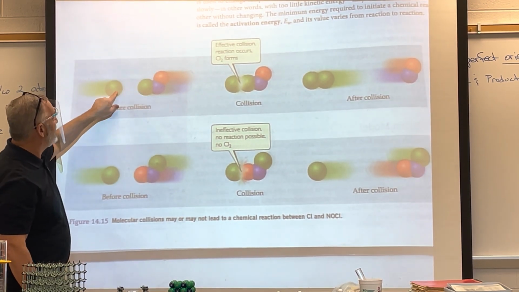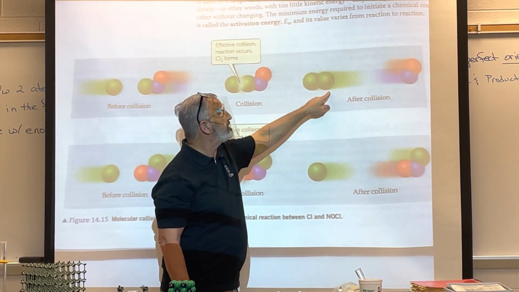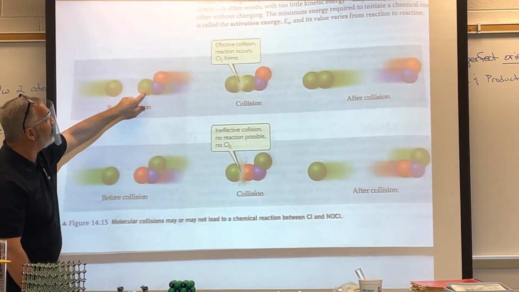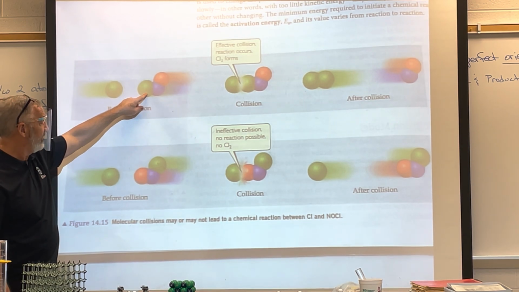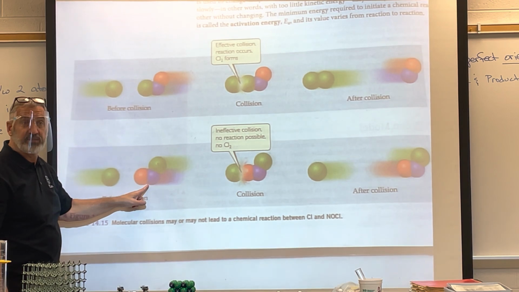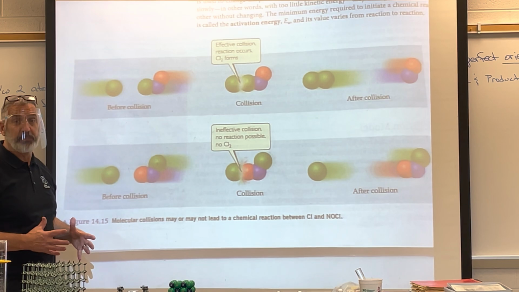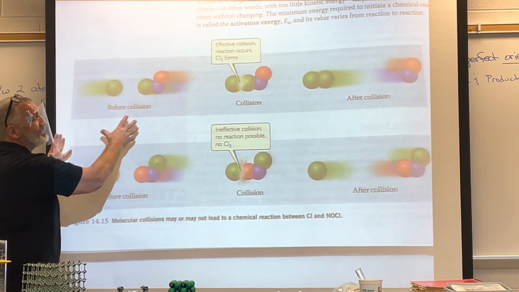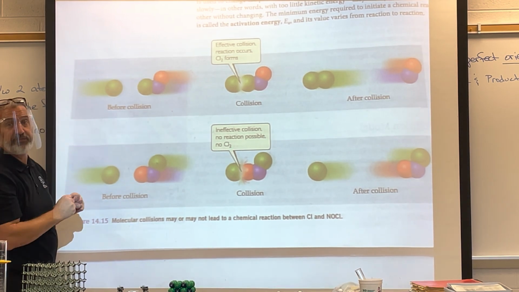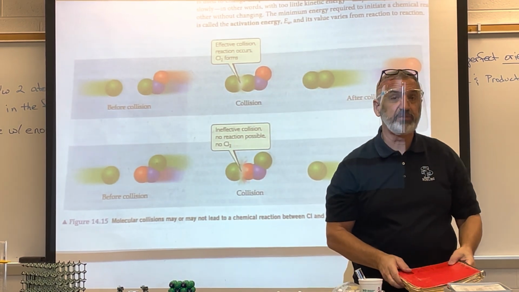We need these chlorine atoms to bump into one another. If I'm going to form Cl2 as a product, which this reactant does, this chlorine atom has to hit directly on the chlorine here. If this chlorine comes in and hits anywhere else other than that, then it's just going to bounce off and it will not be an effective collision. There's only one proper orientation where, when the molecules collide, they can actually form a bond. So right now, there are two factors going on.